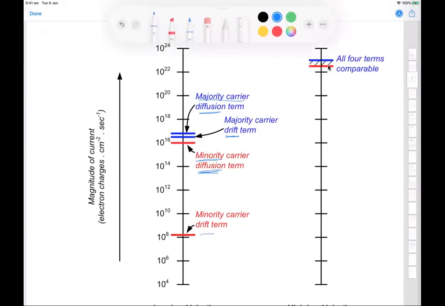The drift current for minority carriers is negligible. When we have high-level injection, where we have similar populations for free holes and free electrons, then all forms of the current are important for all types of carriers.